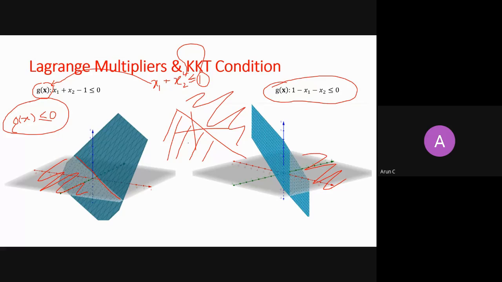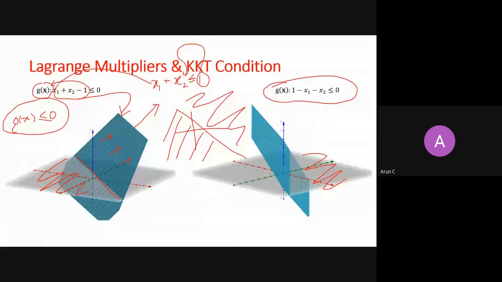But when I see it in 3 dimensions, this x1 plus x2 minus 1 is a hyperplane in 3 dimensions, right? If you take the gradient of this hyperplane, what does it say? (1, 1). The gradient is (1, 1), which is always on this side; you take the gradient at any point, it is always on the (1, 1) side. So it means the feasible region is opposite to the gradient.